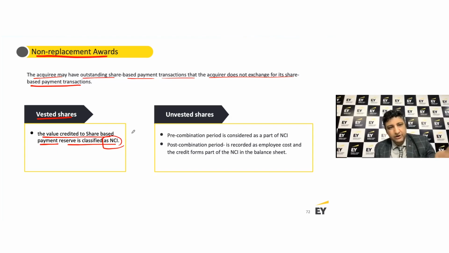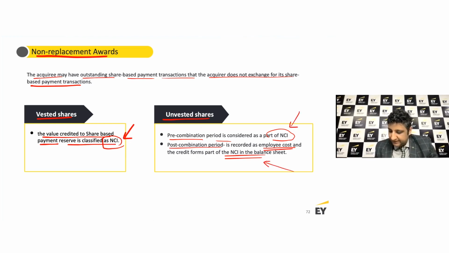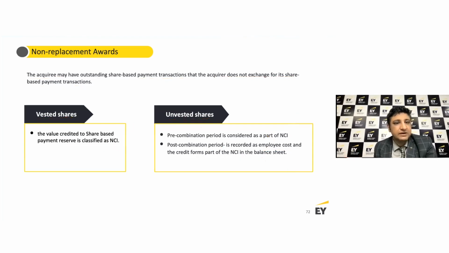We'll talk about the non-controlling interest framework in some time. That is a discussion which would happen eventually, but not relevant here. And for any unvested shares, the pre-combination period is again a part of NCI, and the post-combination period would be a part of employee costs, and then again, eventually falling within the scoping of NCI, right? So effectively, we are saying that it's all a part of NCI directly or indirectly. When we understand NCI better, we would be able to appreciate this even more.